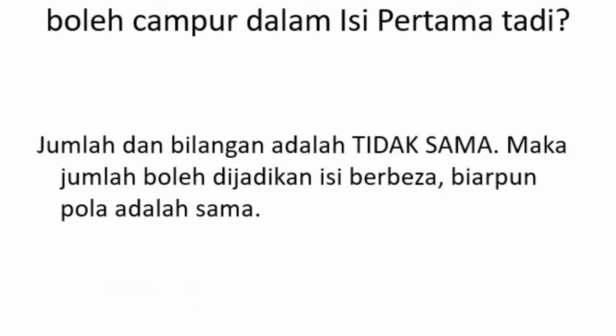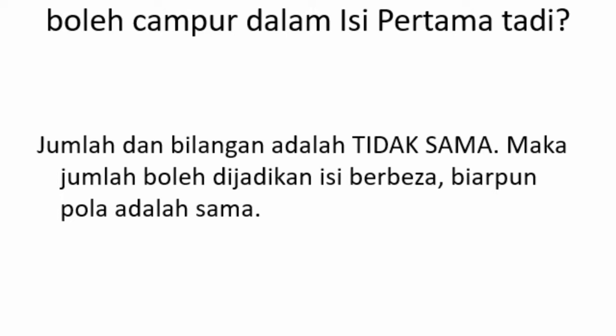Okay. Jumlah pula macam mana? Kan dekat bawah sekali jadual awak tu ada jumlah, right? Jumlah tu dia mengalami pola yang menurun. So kenapa dia tak boleh dicampurkan ke dalam isi yang kedua tadi, not pertama, kedua. Okay, the reason is because jumlah keseluruhan dengan bilangan adalah dua perkara yang berbeza, dia tak sama.